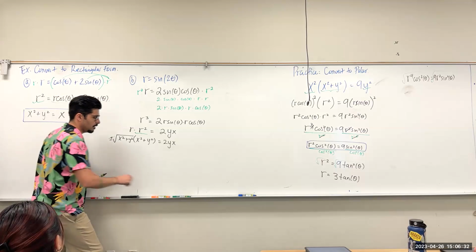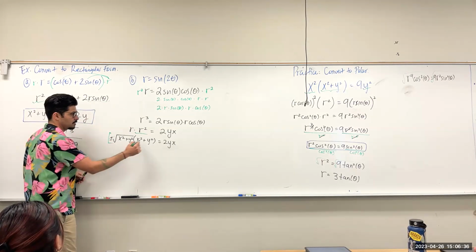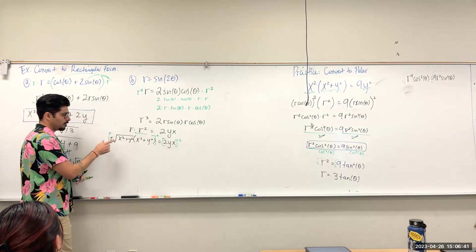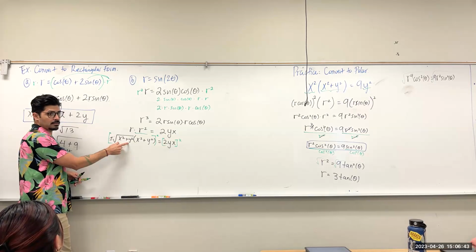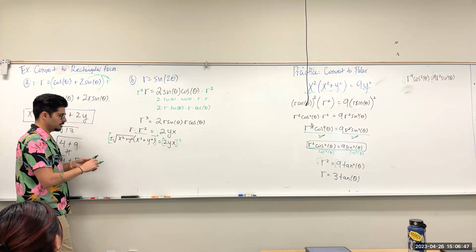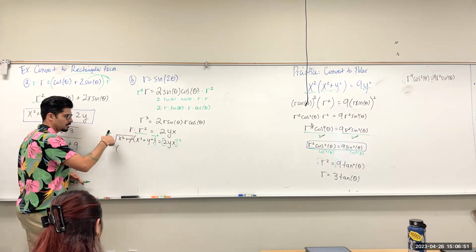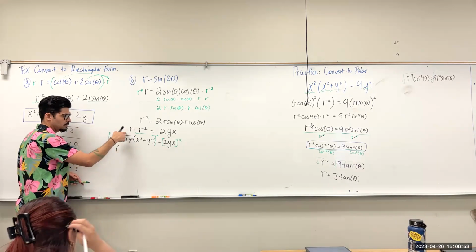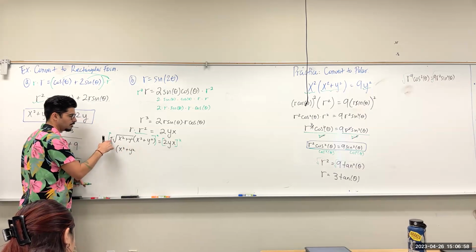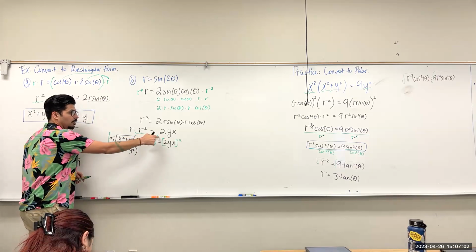So maybe what we could do is square both sides. And when I square this, it gets rid of the plus or minus, and then I'll get rid of the square, right? What happens when you square this, guys? The square root goes away and the pluses or minuses become positive. But then I also square this guy.